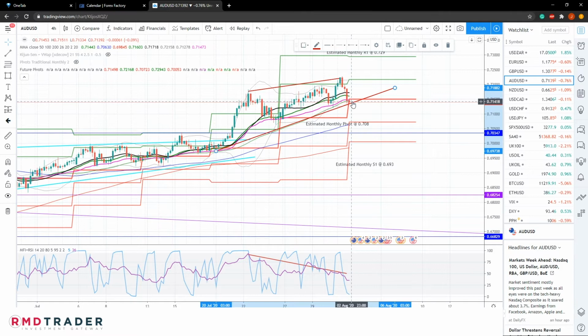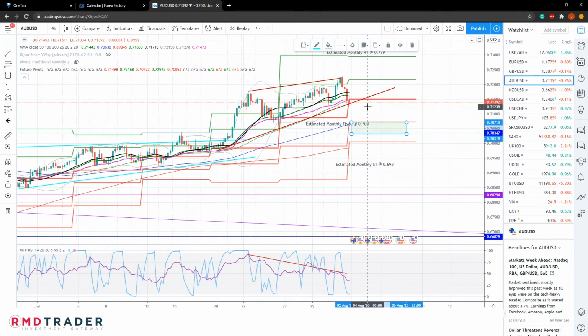If that space breaks, we can expect price to move lower to this area of support at 0.703. And of course, that will also be an area where we might find some additional support from our 100 SMA on the 4-hour, and also the same area that our estimated monthly pivot will be at 0.78. So this would be the area to look out for support.